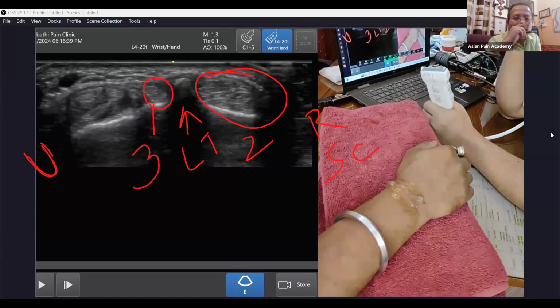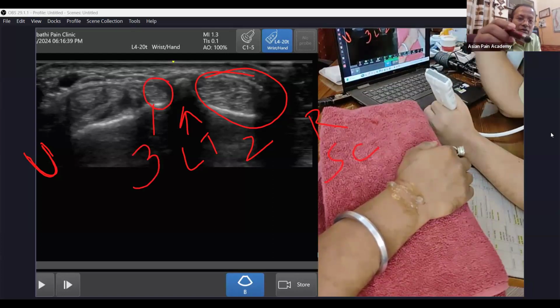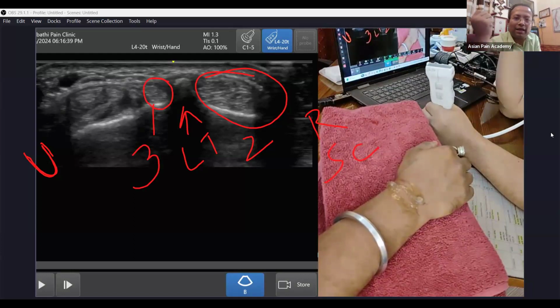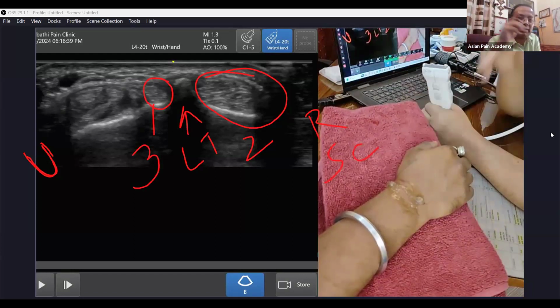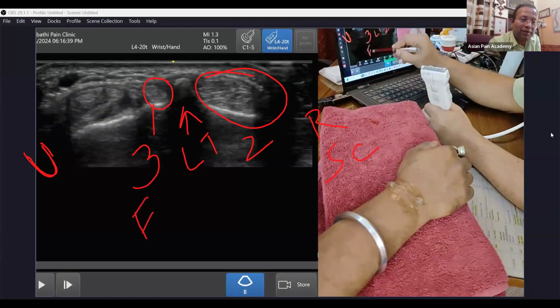So what muscles, what tendons? These are all tendons because you can see there are no black colored muscles, no hypoechoic muscle or perimysium. These are all fibrillar structures and you can see clearly that these are all tendons. So third compartment tendon means EPL.